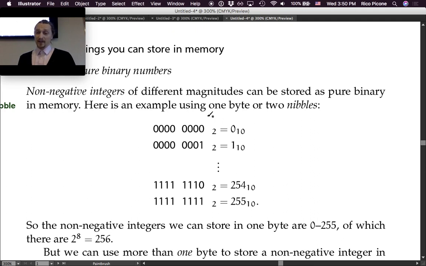So 256 different non-negative integers are represented, 0 through 255. So the non-negative integers that can be stored in 1 byte are 0 through 255, of which there are 256.